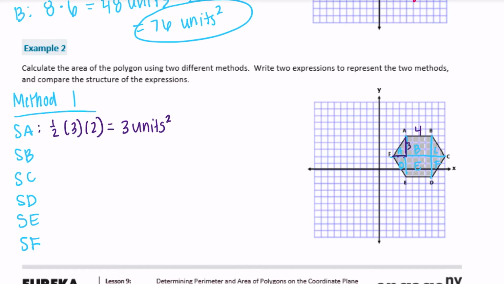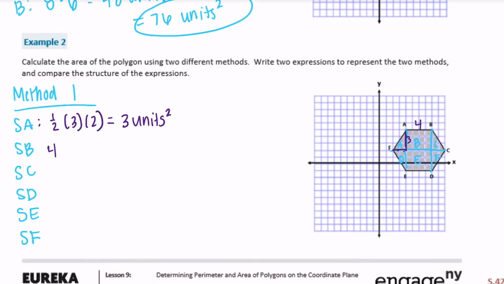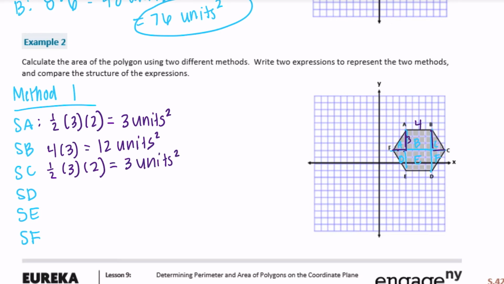Shape B is a rectangle, so it is 4 by 3. So that is 12 units squared. Shape C is also 3 by 2. So 1/2, 3 times 2 would be equal to 3 units squared. Shape D over here is also 3 by 2, and it's a triangle, so we take half.